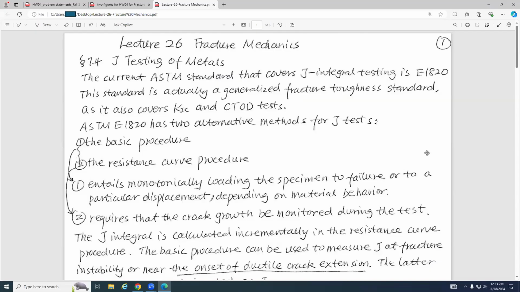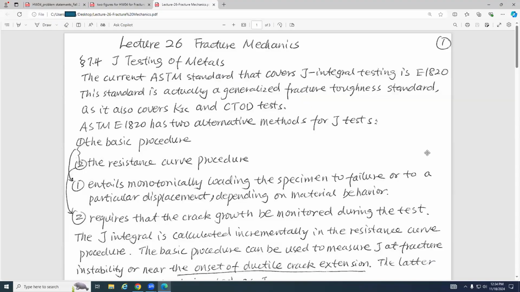The current ASTM standard that covers J integral testing is E1820. This is a protocol, with standards, procedures, or rules, and they are available online for free.